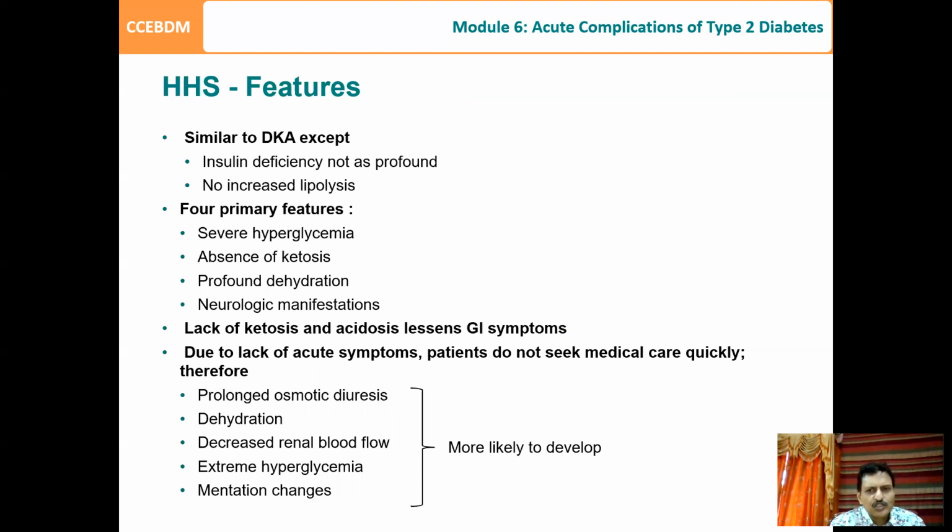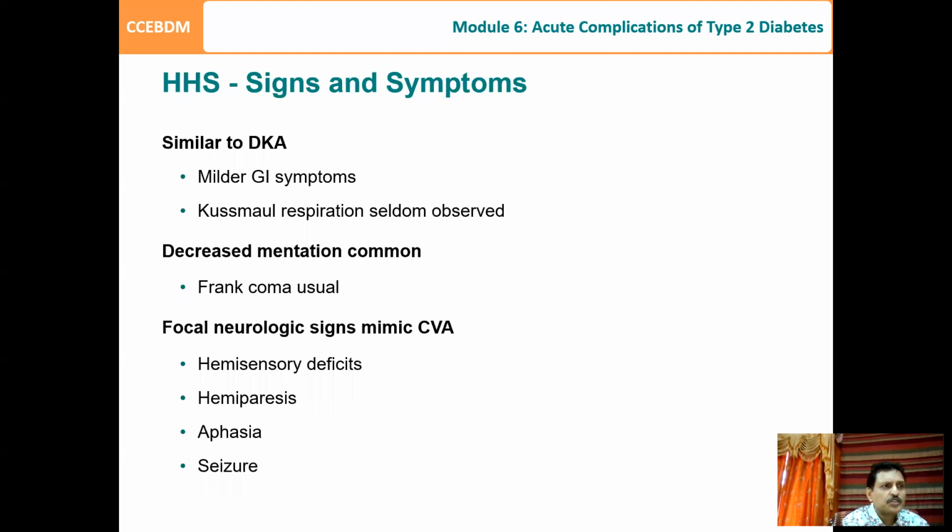Due to the lack of acute symptoms, the patient does not seek medical care quickly, and they remain at home and don't take any water, and that leads to further dehydration because the blood glucose level goes up. So there will be osmotic diuresis, further dehydration, decreased renal blood flow, extreme hyperglycemia, and that is associated with neurological changes, and they present with neurological features in most situations.